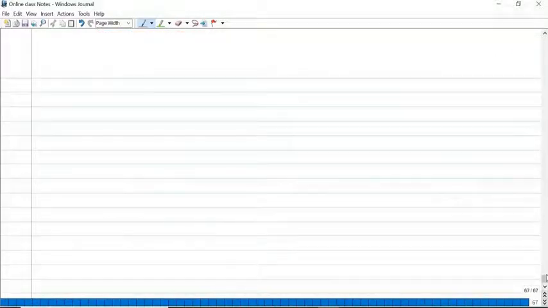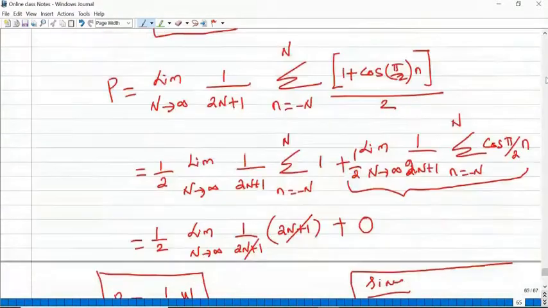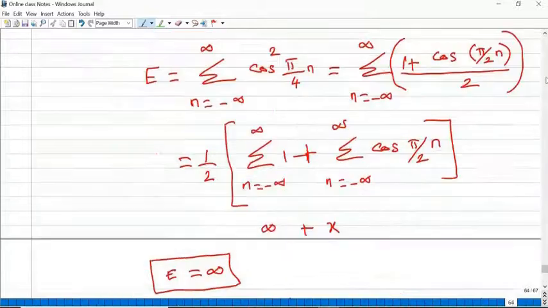So energy, power, periodic, aperiodic, even signal, odd signal, basic operations of signals. Definitely you may expect one question of minimum 8 or 10 marks, or 12 marks. So please go through the lectures. Any doubt, please ask me in the next class.